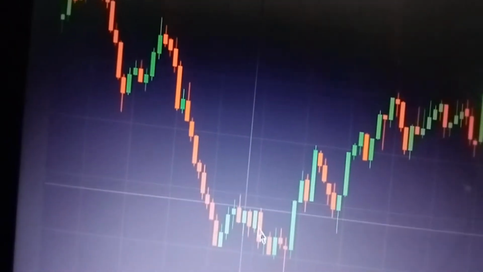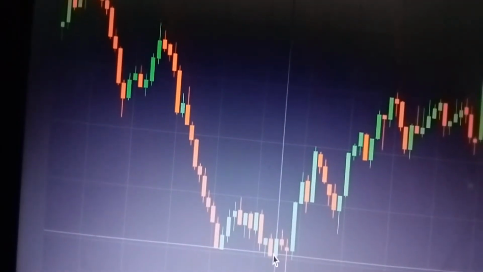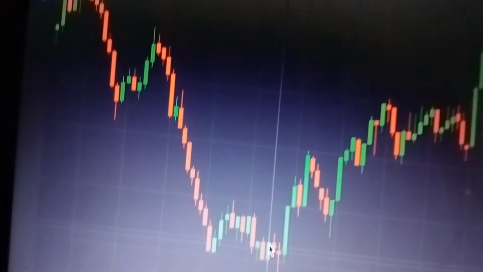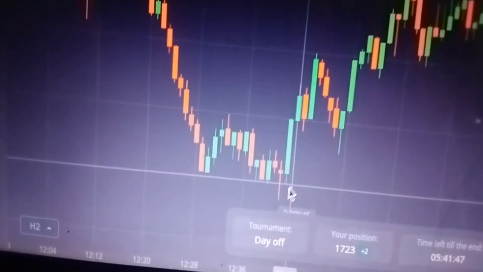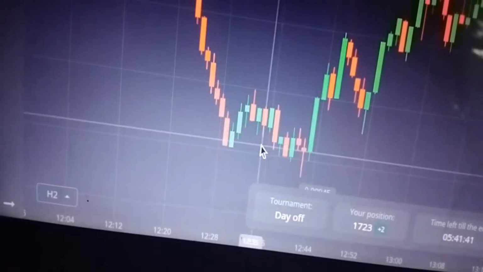Price retracted and took out the low down there, right? It closes the body and then swept it with a wick. A wick, right? It broke the low with a wick.